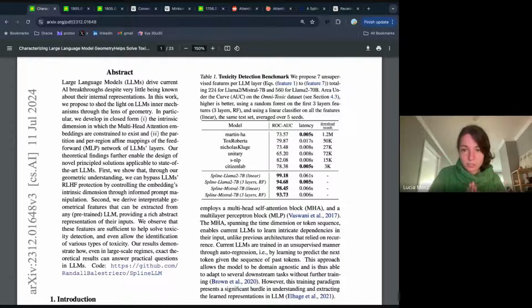The way you would normally evaluate whether an LLM is toxic is that you give it prompts and then a human evaluates it at the end of the day. But with this spline statistic, when you put in a prompt, it spreads out across this mosaic structure, and you do the spline statistics on that structure, and you can get very high predictions of whether the output was toxic or not.